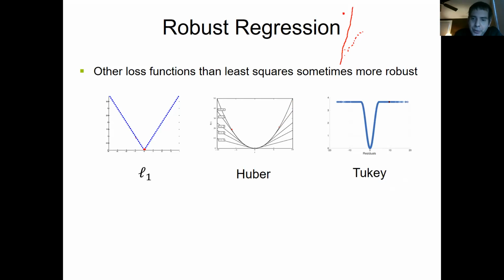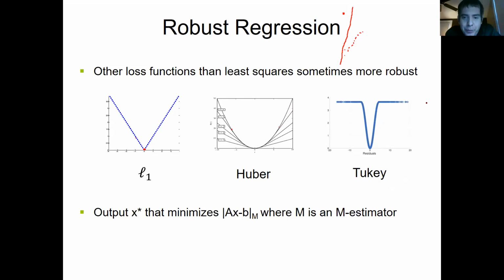And taking that to the extreme, there's the Tukey loss function, which is quadratic near the origin, and then at some point it just shifts to becoming flat. These are all special cases of what are called M estimators in statistics. You can imagine casting the regression problem as, instead of minimizing the squared loss, finding the vector x star that minimizes the sum of M function losses.